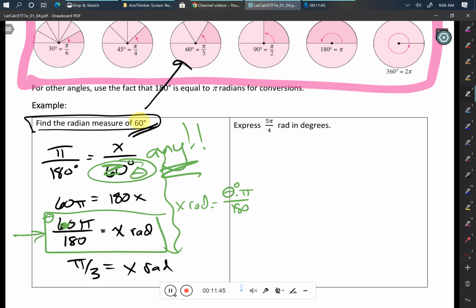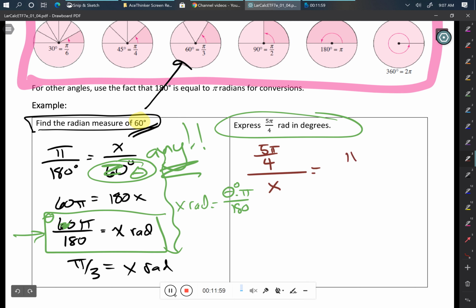Okay? Now, if I was going to simplify this process, because this is the other direction, what is 5 pi over 4 if we convert that to degrees? Well, 5 pi over 4 over x degrees is going to be equal to pi over 180. And so we get pi x, or x pi, is equal to 180 times 5 pi divided by 4.